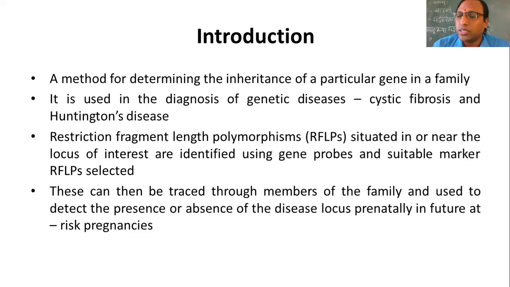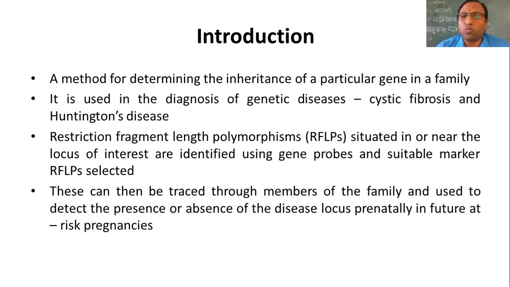This is the basic concept regarding gene tracking. So it is used in the diagnosis of genetic diseases, that is cystic fibrosis and Huntington disease, and the restriction fragment length polymorphisms, that is the RFLPs situated in or near the locus of interest, are identified using gene probes and suitable markers related to the RFLPs selected.